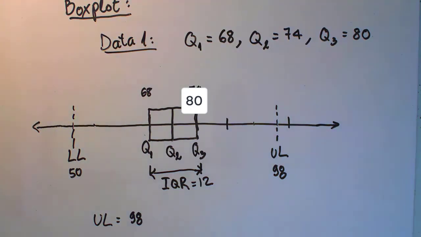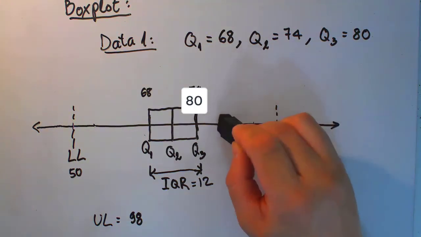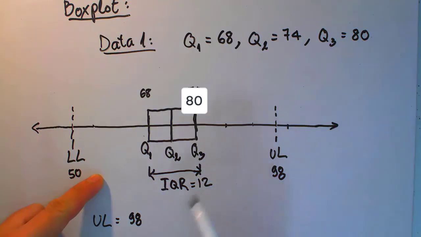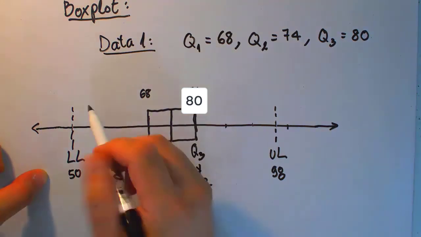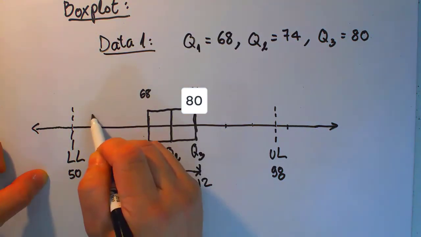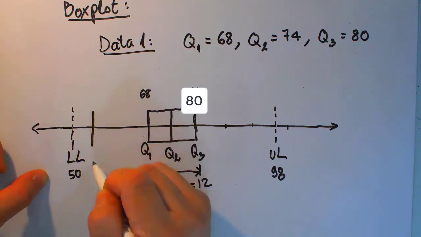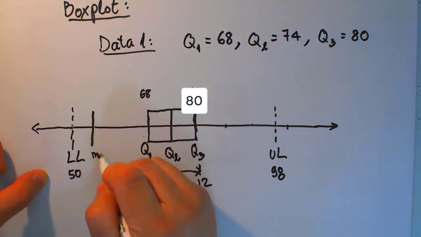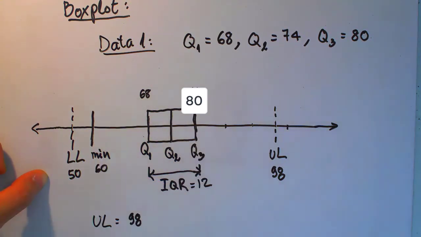And now we can erase this away. You have a sense that the minimum value is being contained inside the two limits here. And so in that way, my minimum is somewhere here, and it's part of the data, and it's a required element. We're going to put the label there, minimum, and the actual numerical value being 60.